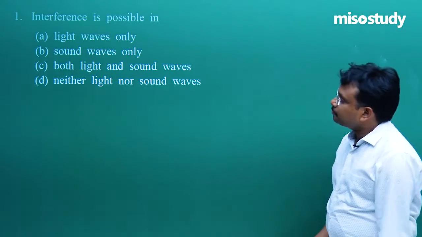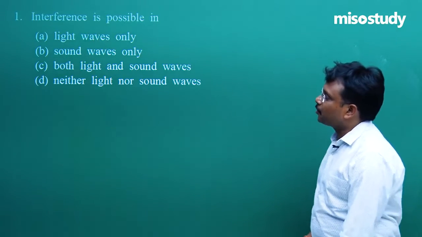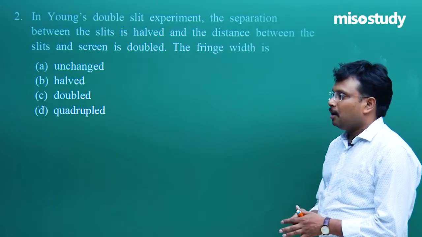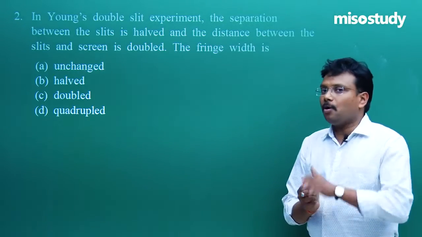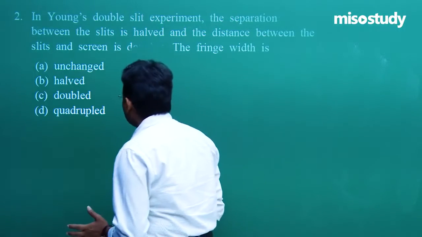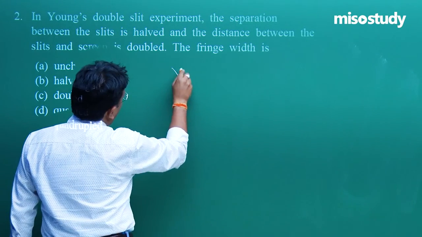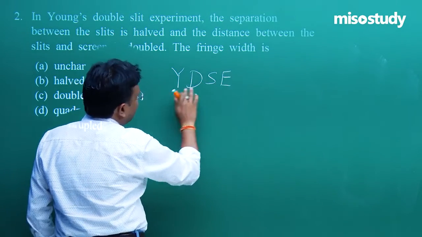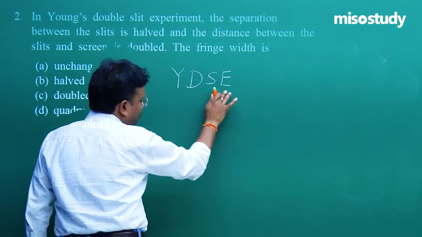Fine. Next is this question. Now this question is basically from a very important topic. Why? Because you are talking about YDSE, that is Young's double slit experiment.